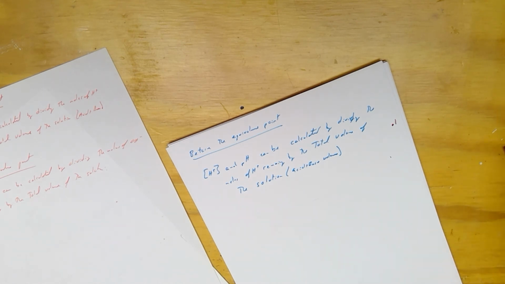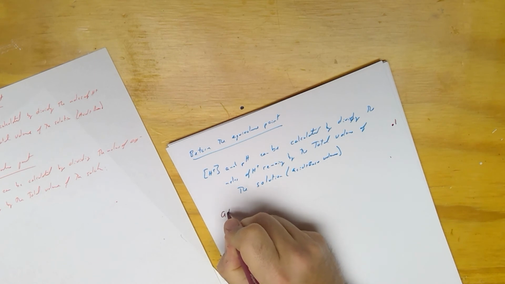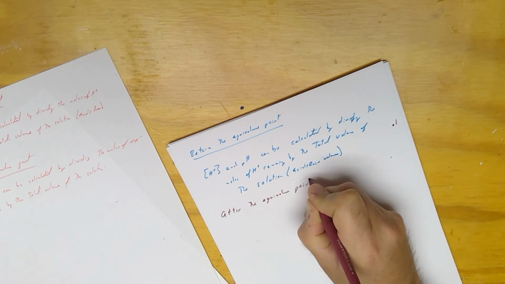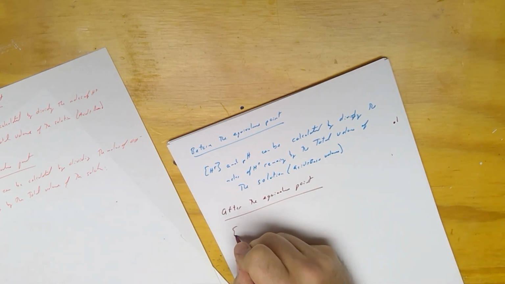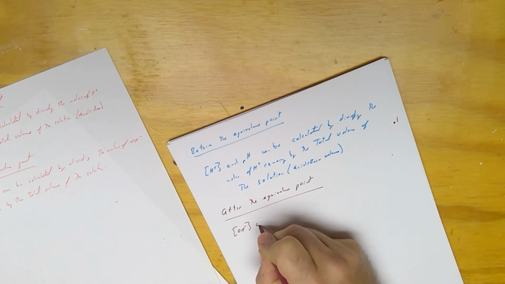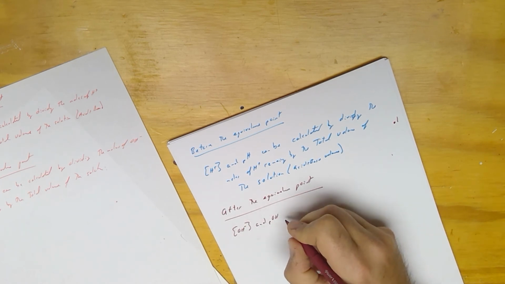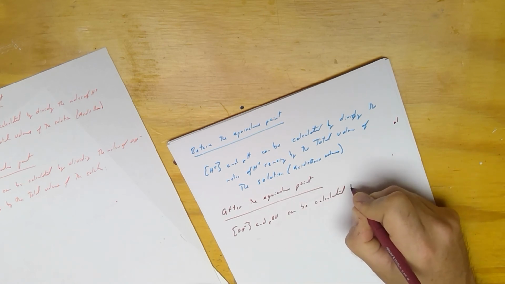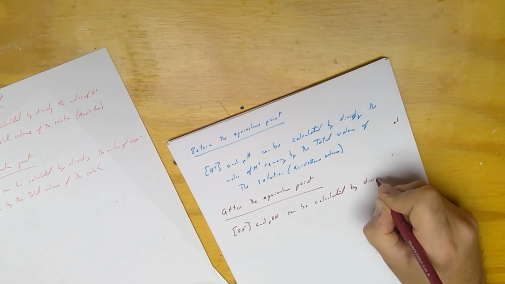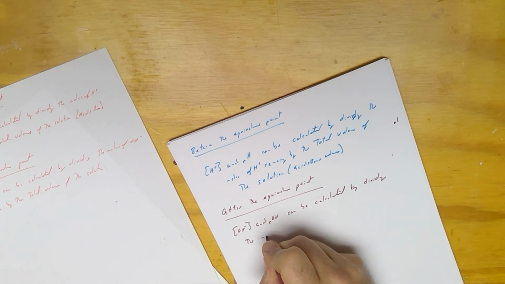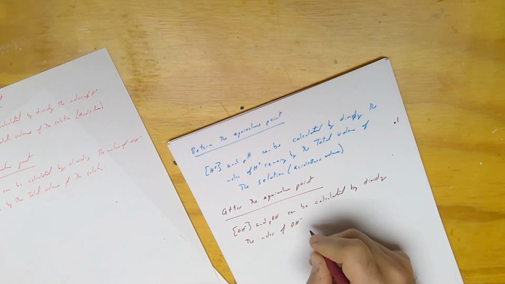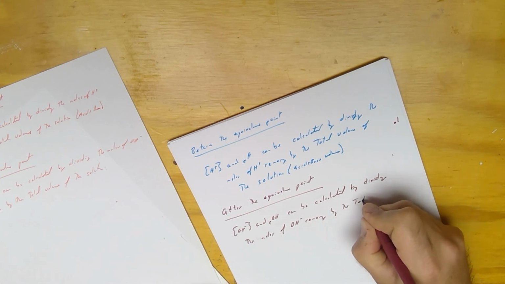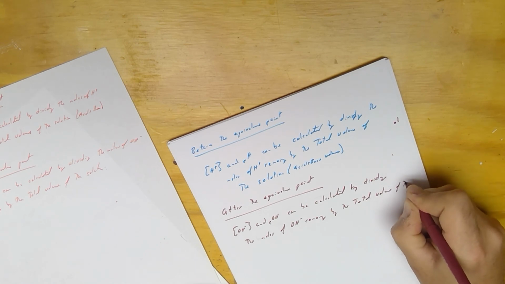Once we're after the equivalence point, the OH minus and pOH can be calculated by dividing the moles of OH minus remaining by the total volume of the solution.